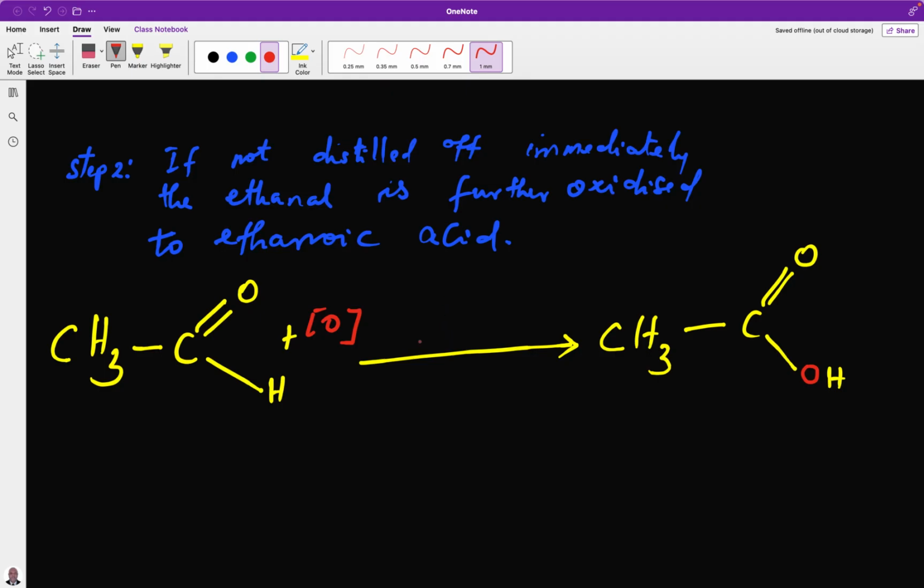Here, under excess acidified potassium dichromate 6 or excess acidified potassium manganate 7, under this condition, we will have ethanoic acid.